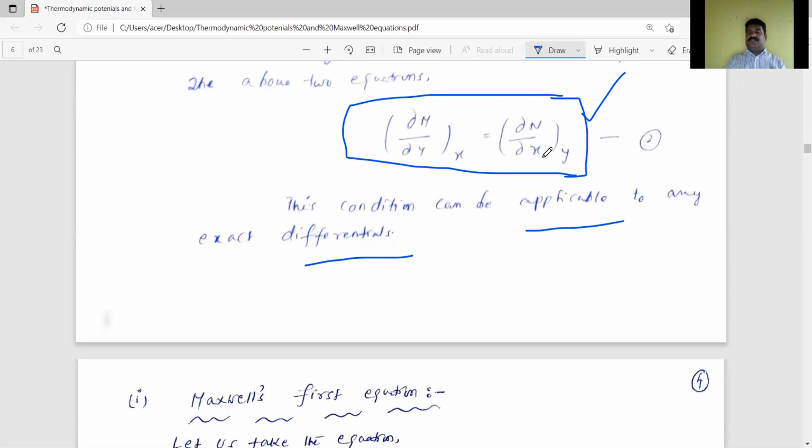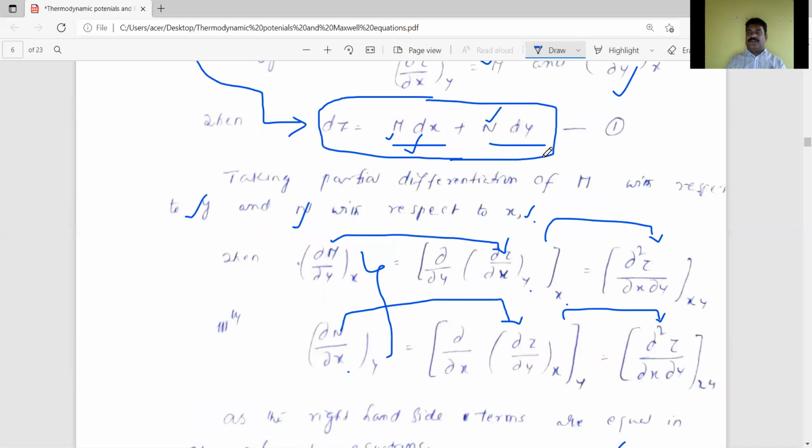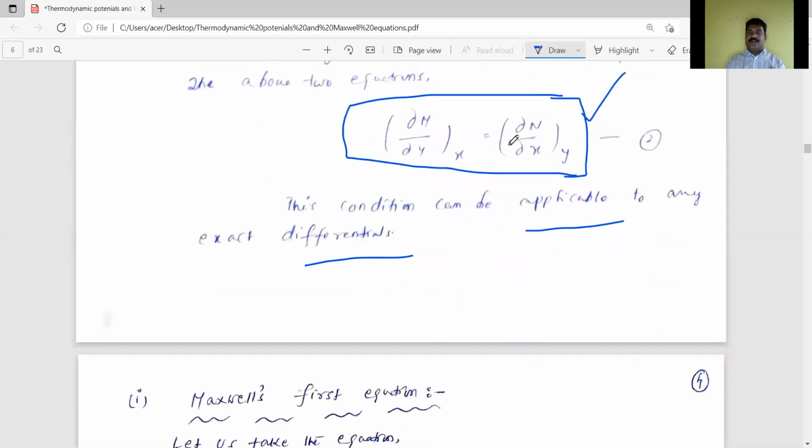So using these two equations, you can derive Maxwell's equations. By using these Maxwell's equations, you can analyze any sort of condition, or derive any sort of equation in thermodynamics. So remember that these two equations are to be applied in order to derive Maxwell's equations: dz equal to m dx plus n dy, and ∂m/∂y at x equal to ∂n/∂x at y.